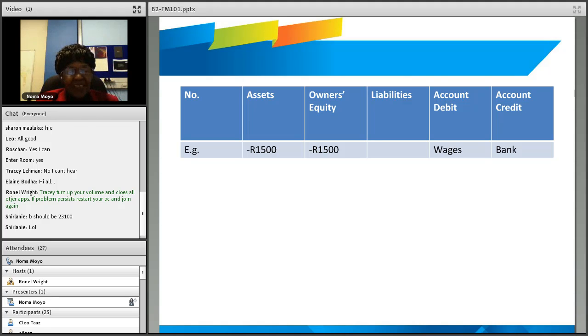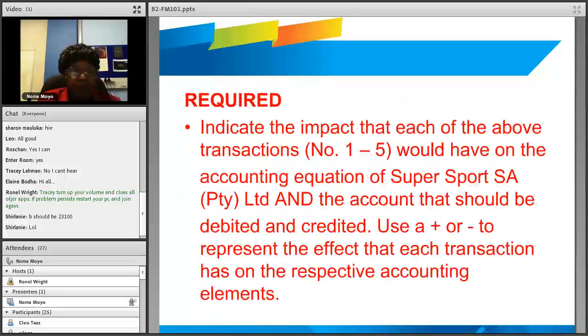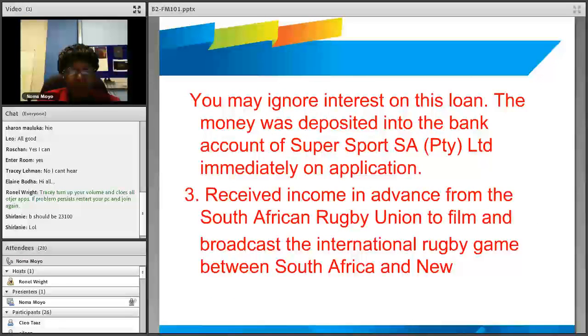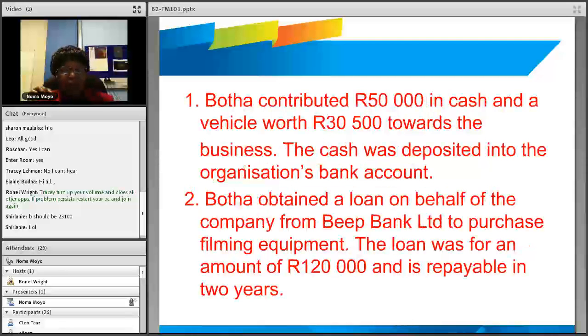For instance, if somebody starts off his business by providing capital, like he did here in number 1, Botha contributed 50,000 in cash and a vehicle worth 30,500 towards the business. The cash was deposited into the organization's bank account. What this means is that the 50,000 cash and 30,500 is what is referred to as capital or equity.